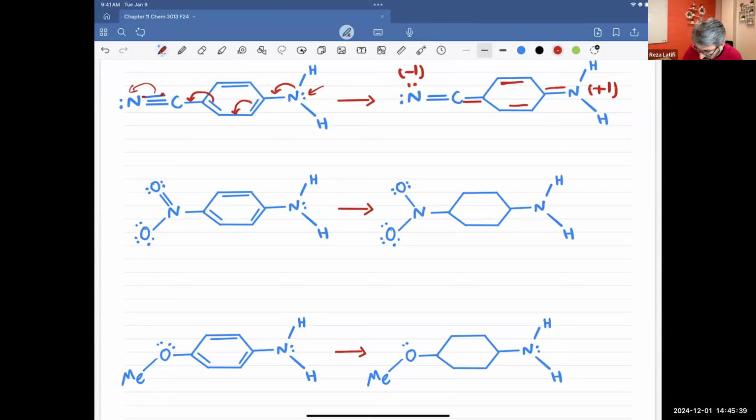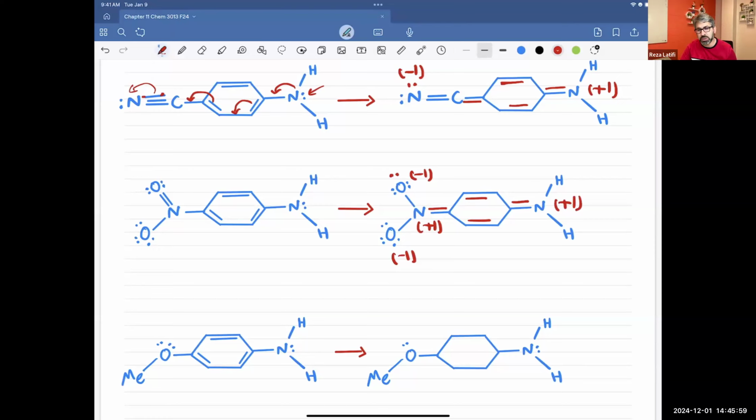The same story with this one. Now I'm going to add one lone pair there. This one will be -1, -1, and this one will be +1, and this one also +1.